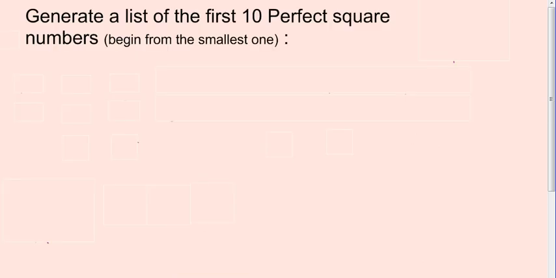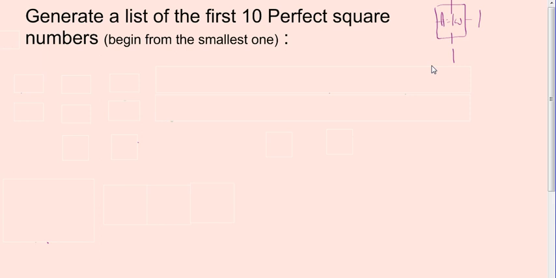I would like to ask you to generate a list of the first 10 perfect square numbers, beginning from the smallest one. To help you understand how it's done, I'll go back to the origin of perfect square numbers.